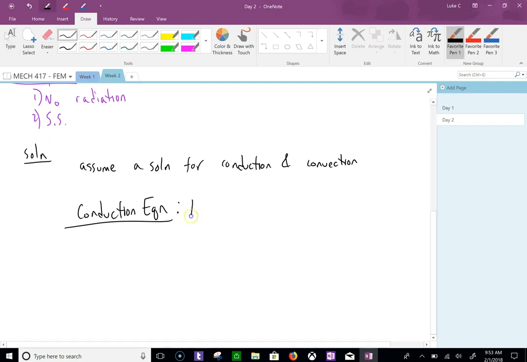Fourier's law. Oh, that other guy. So anytime you hear Fourier's law, it's conduction, right? And do you remember that equation? This could be a K. dT/dx.